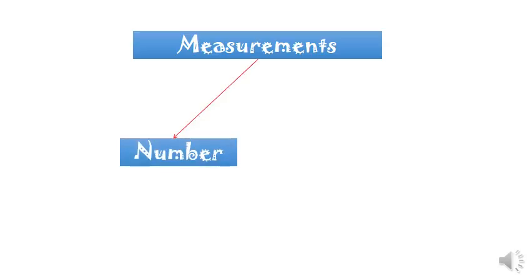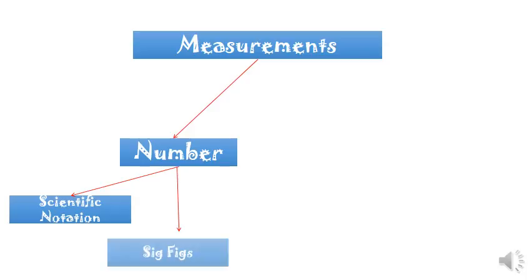To remind you what this chapter is all about, it's about measurements. And so all measurements have two parts. The first part that we discussed was a number. With that, we went over scientific notation so we could write numbers that are really big or really small much more easily. And then we talked about significant figures, and those numbers are important because it tells us the degree of precision in our measurements.